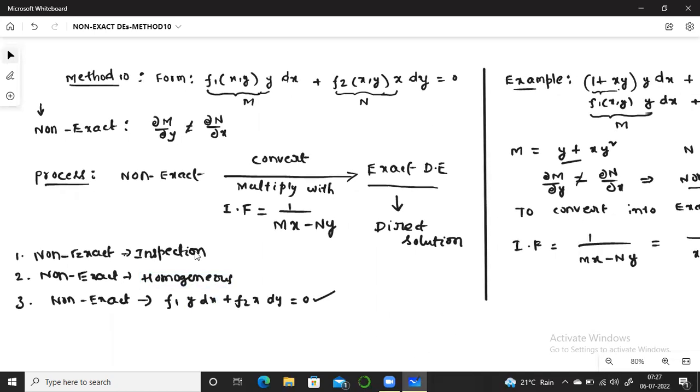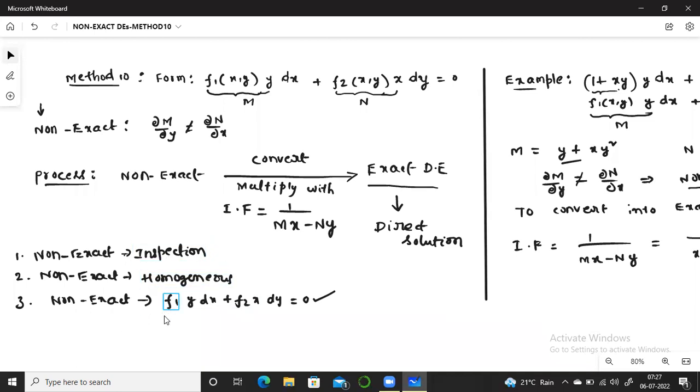Actually, in the non-exact case itself, this is the third method. First, the inspection method we have done. It means if the given equation is non-exact, first you have to check whether you can solve it using the inspection method or whether it is homogeneous or not. If the two cases are not satisfied, then you come to the third case.